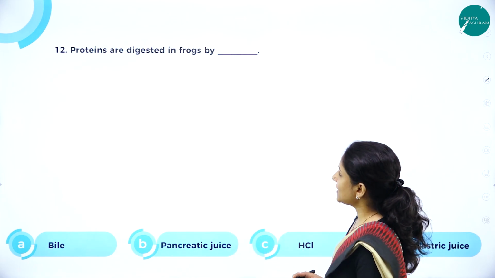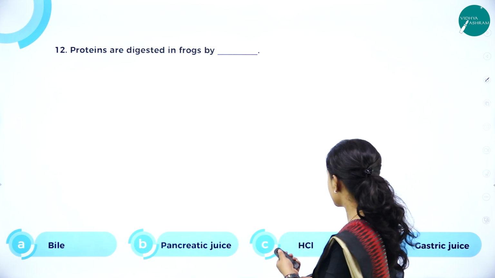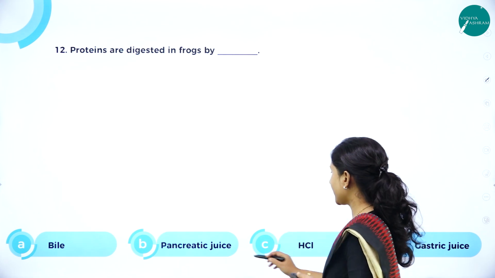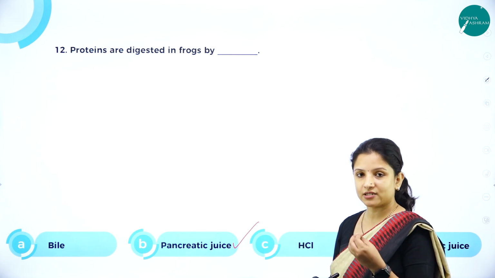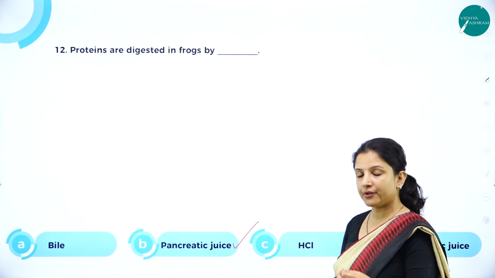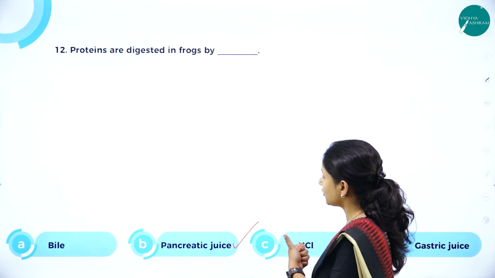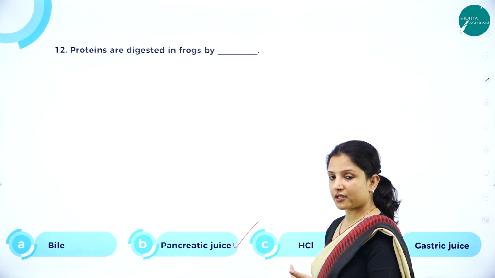Next question. Proteins are digested in frogs by bile, pancreatic juice, HCl, gastric juices. So it is the pancreatic juice. Pancreatic juice contains various digestive enzymes which help in digestion of protein. So remember, carbohydrate is digested by the pancreatic juices also. So carbohydrate and proteins both are digested by the pancreatic juices.